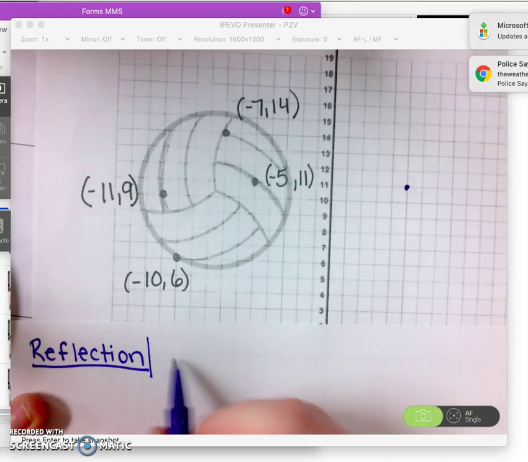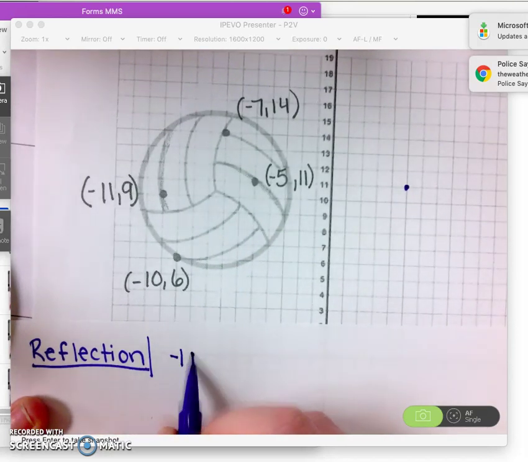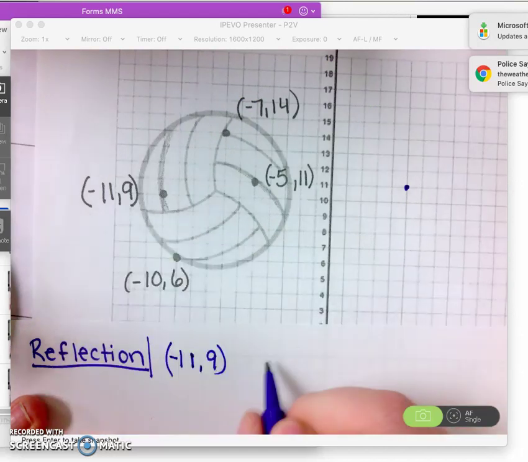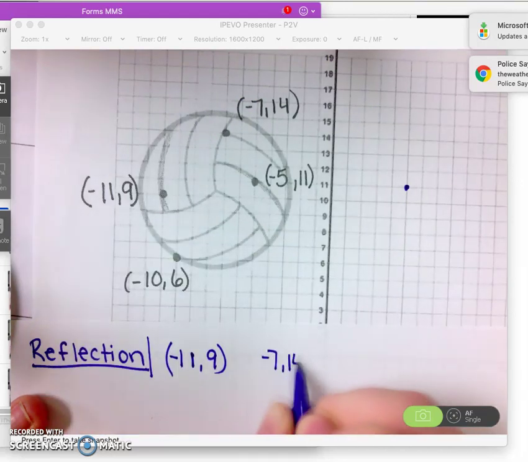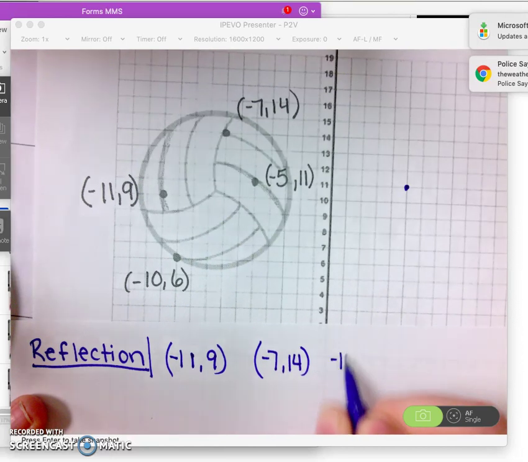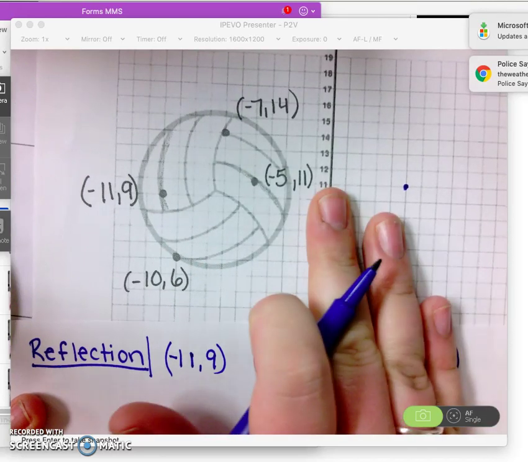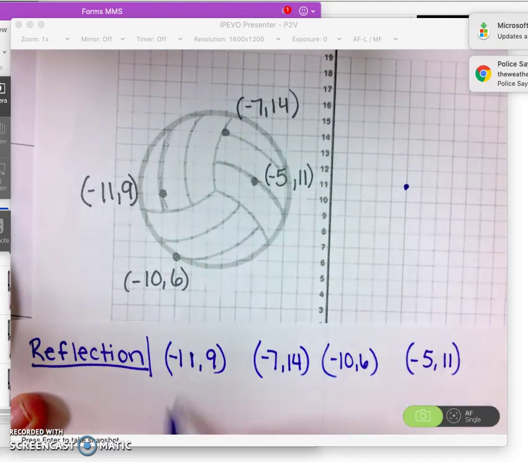Now, an easier way that some people might find to do it is to write down your points. -7, 14, -10, 6, and -5, 11. And if you're crossing your y, the y stays the same.